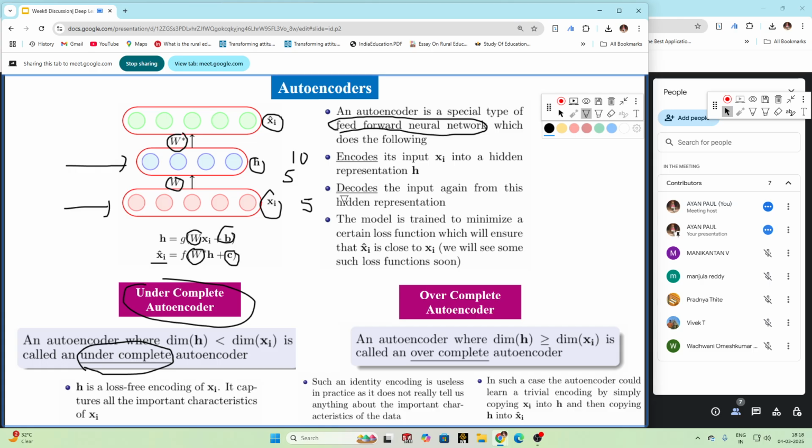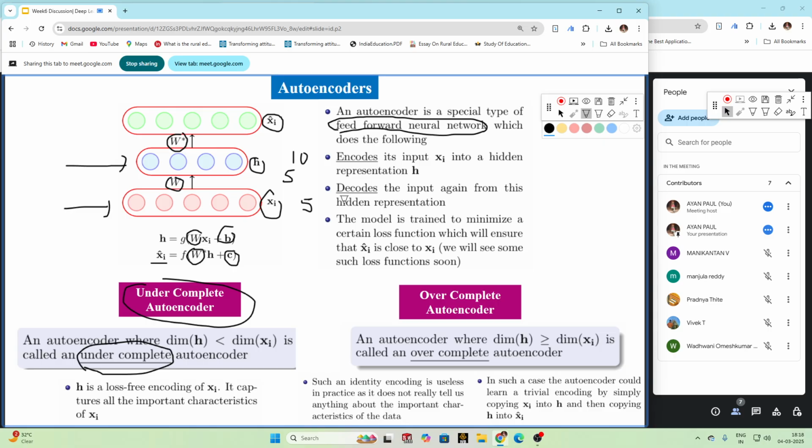Okay, so this is the concept. Again, what we have learned in this slide is we have discussed autoencoders, and two types of autoencoder: the under complete autoencoder and the over complete autoencoder. The practical significance of the under complete autoencoder is that we use fewer neurons in the encoding layer, because we want to capture all the important characteristics of the input layer in a small number of neurons.